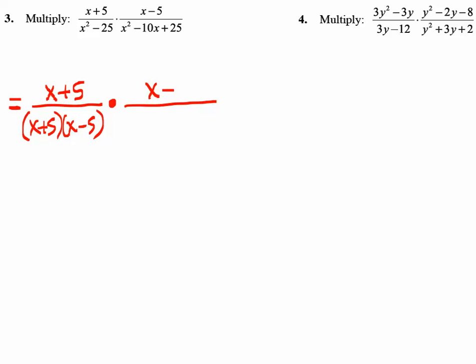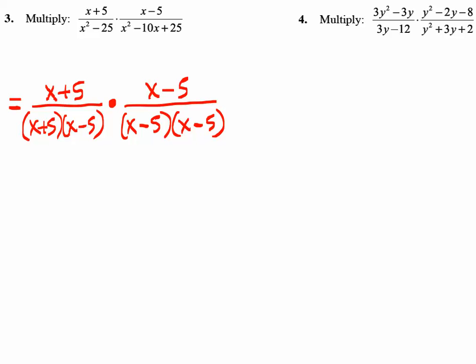Okay, x minus 5 on top, yep. And let's see, I need two numbers that multiply to 25 and add to negative 10. I'll go with x minus 5 and another x minus 5. So negative 5 times negative 5 would give us that.